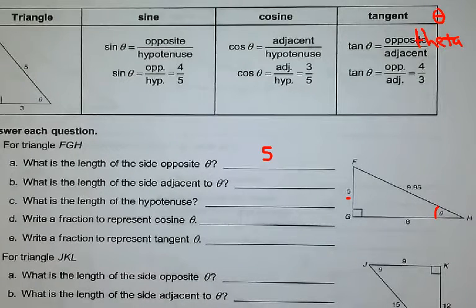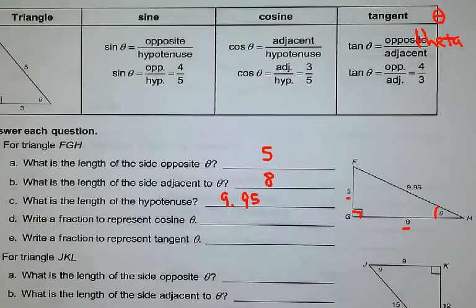What's the side adjacent to it? Adjacent would be this one because it's touching it, and that's 8. And how long is the hypotenuse? Remember, the hypotenuse is the longest side. It's the side that's away from the right angle. It does not touch the right angle. So 995 is how long the hypotenuse is.